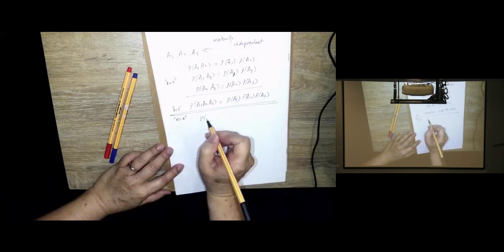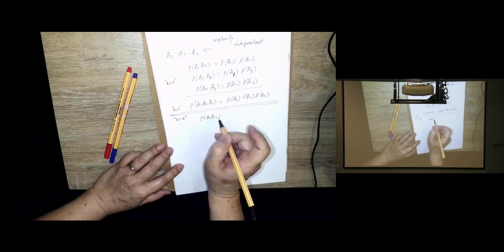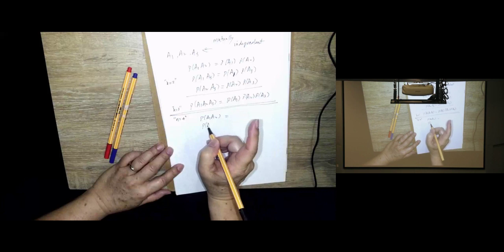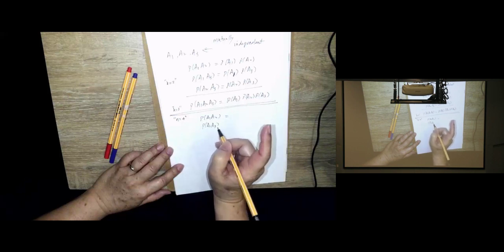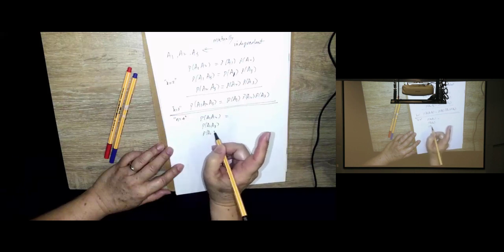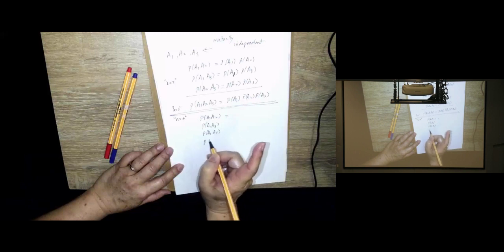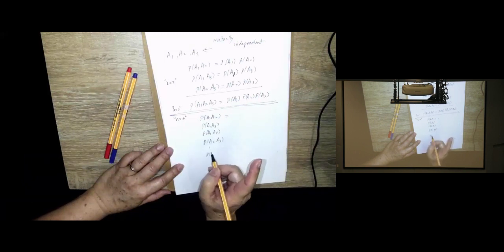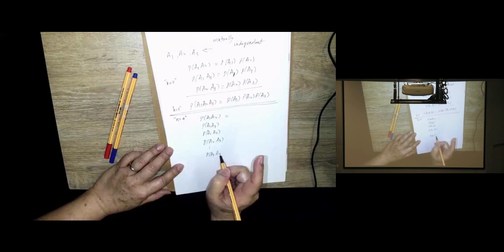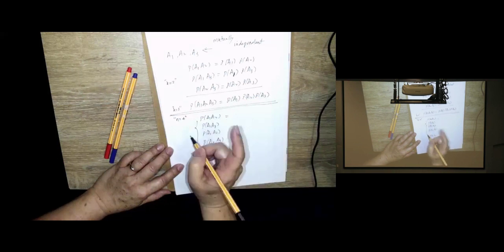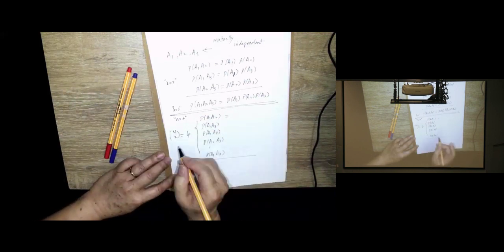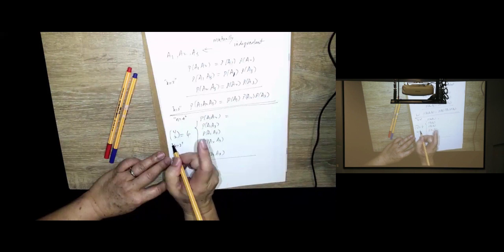Okay, this is for n equal to 4. You will have the probability of A1, A2 equal. I'm not going to write this. You can fill it in. A1, A3, A1, A4, A2, A3, until A3, A4. So you should have 6 of them. That corresponds to 4 choose 2. Okay, this is k equal to 2.